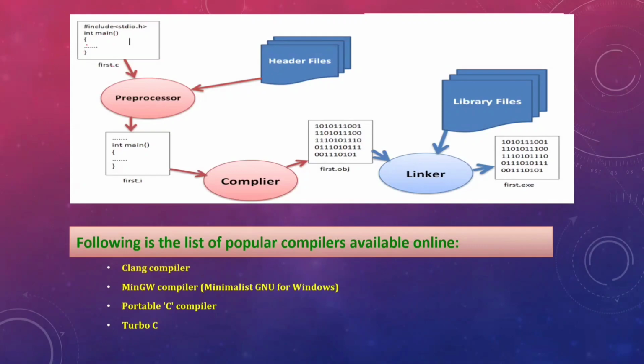So this is your source file, and you can save it with an extension depending on the programming language you are using, C or C++. Then when you compile this file, before the compiler, the preprocessor starts working.